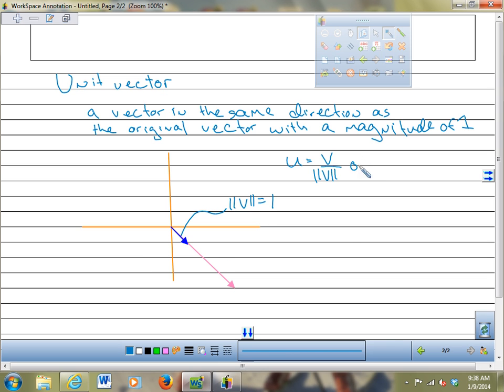Or another way to write that is 1 over the magnitude of the vector times the vector, where v is a vector and v with the double bars is the magnitude of the vector. Okay?